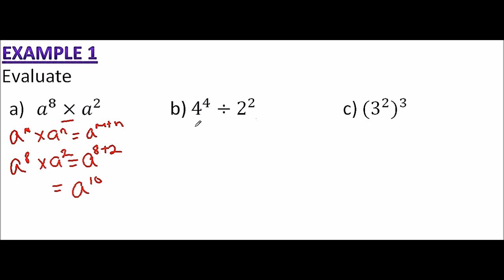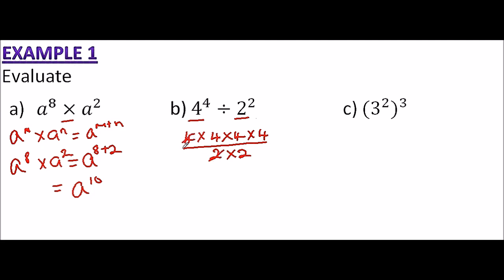We come to part B of this example. We are told to divide 4 to power 4 by 2 to power 2. We cannot apply any rule of indices because the bases are different, but still we can manage to divide. So this is 4 multiplied by 4 multiplied by 4 multiplied by 4, divided by 2 multiplied by 2.